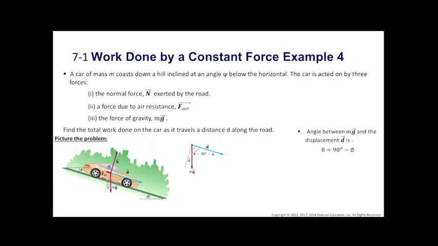Therefore, the angle between mg and the displacement is 90 minus 5, and the angle between the normal force and the displacement is simply 90 degrees. Therefore, the normal force shouldn't have any contribution to the work done. The next force is the force due to air resistance, F air, and it is at an angle of 180 degrees. So it should have a contribution to the work.